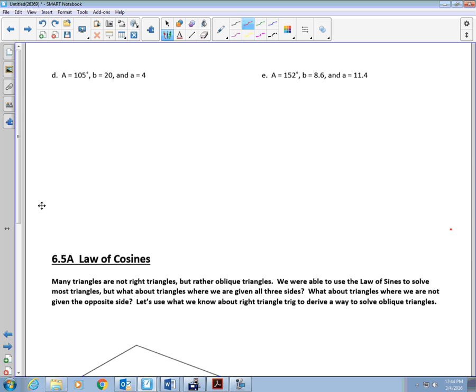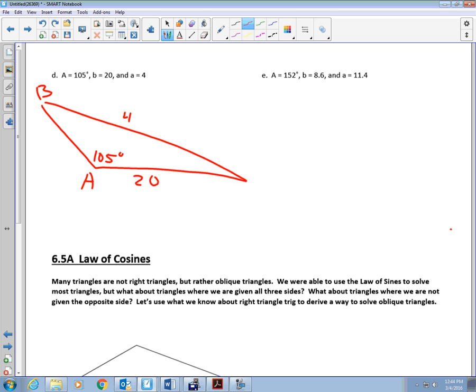Suppose I did have an obtuse angle. If it's an obtuse angle, is it possible for either of the other angles to be obtuse? No, you can only have one obtuse angle in a triangle, right?